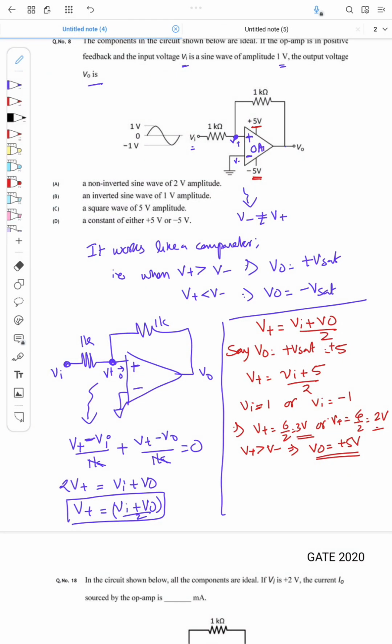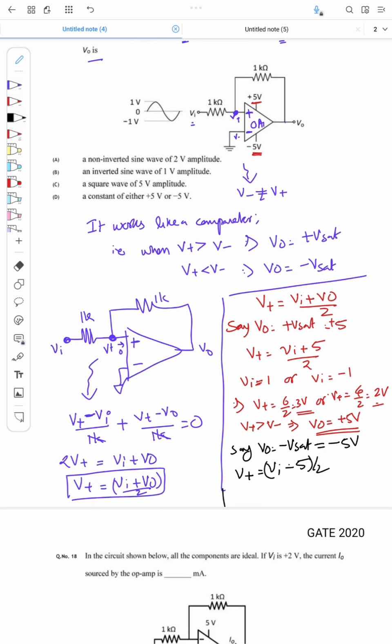Now if I consider the other case, when V0 is minus Vsat, equal to minus 5 volt, V plus will be equal to (Vi minus 5) by 2. Again I will consider Vi equal to 1.